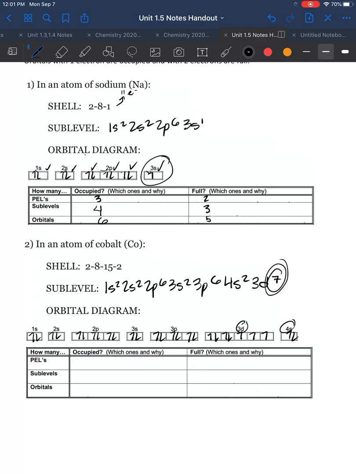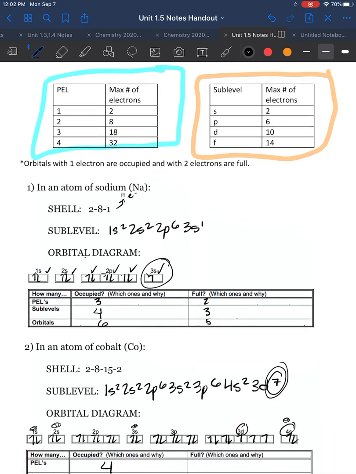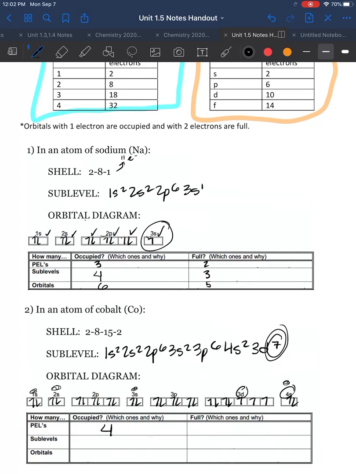Okay, so how many principal energy levels have at least 1 electron? Well, we have 1. We have the second energy level present. We have the third and the fourth. So we have 4 occupied energy levels. But which ones are full? So that table should tell us that principal energy level 1 only needs 2. So 1 is full. 2 needs 8, and we have 2 plus 6, so those are full.